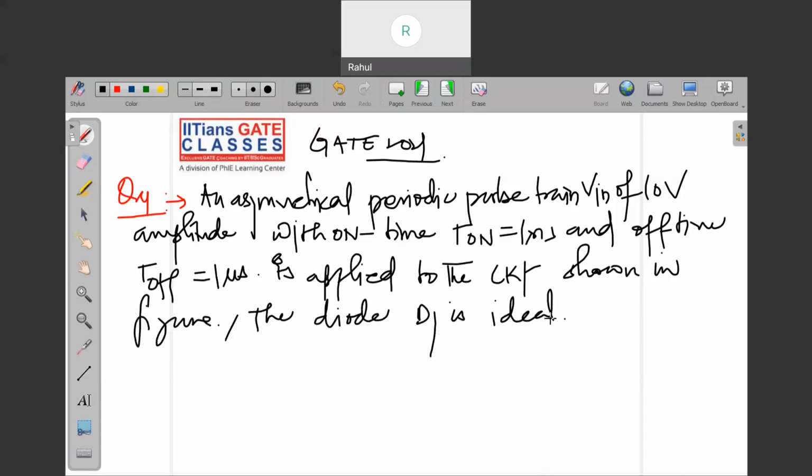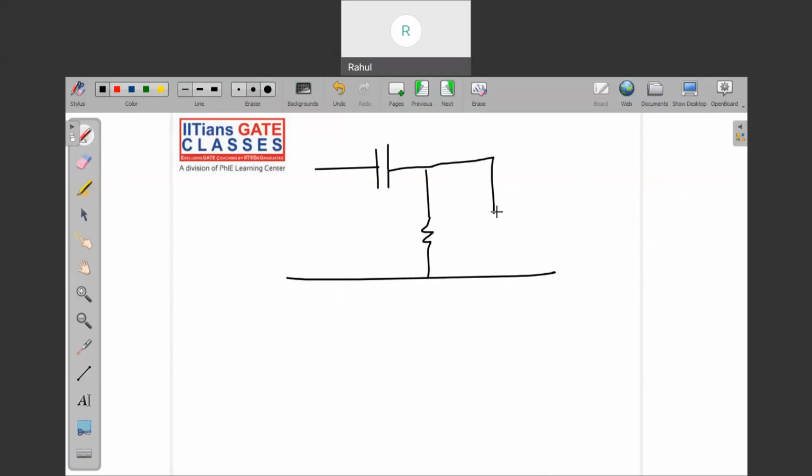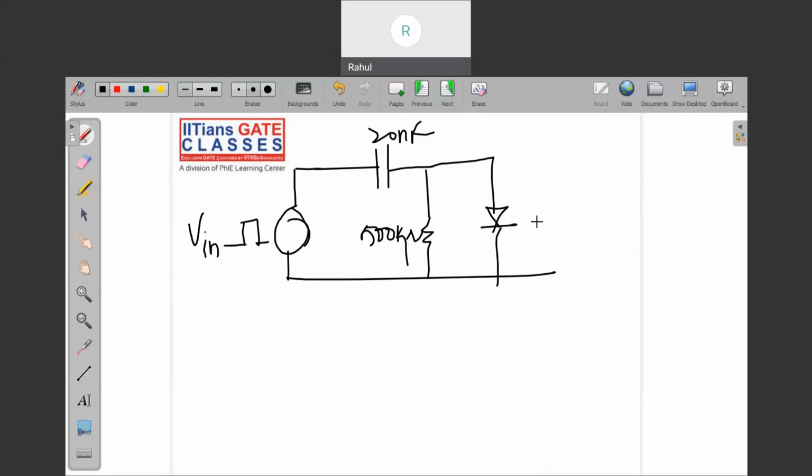So what do you have to find here? By looking at the circuit, you will be able to identify which circuit this is. This is a capacitor of 20 nanofarad, and there is a resistance of 500k, and this is a diode, and we have to find the output across the diode.